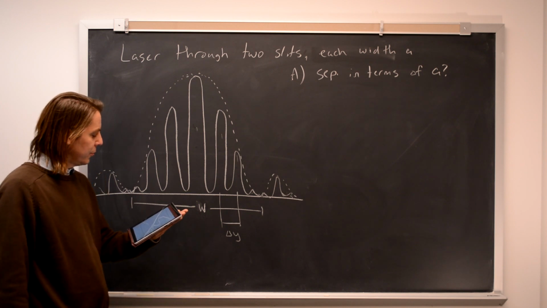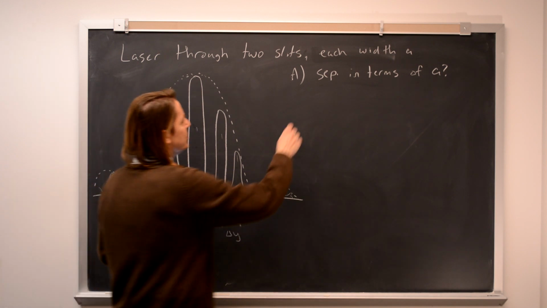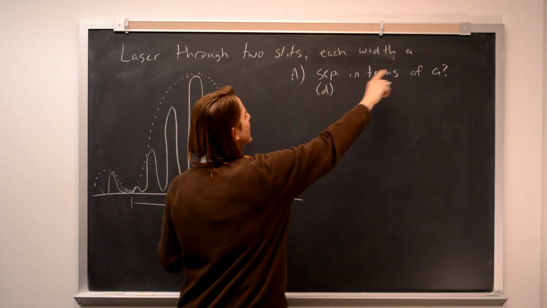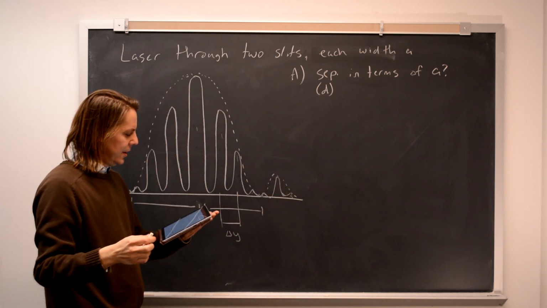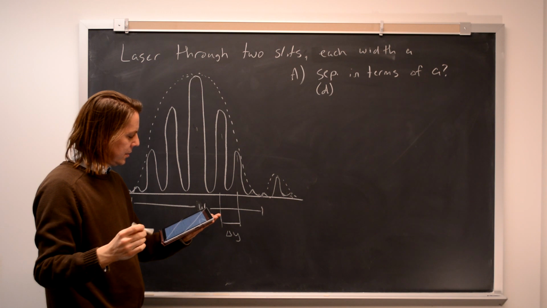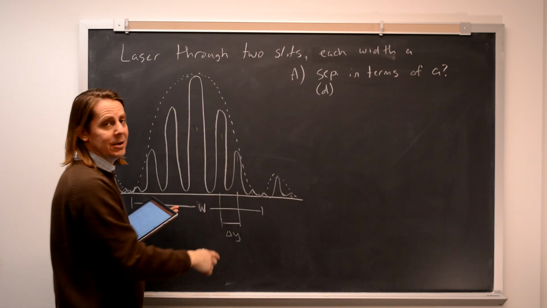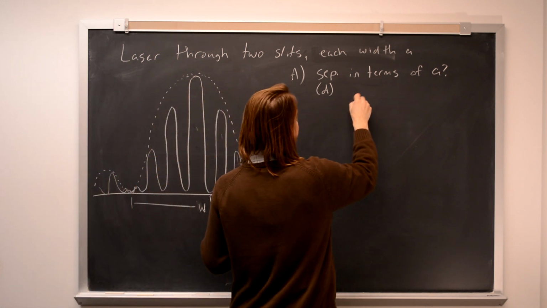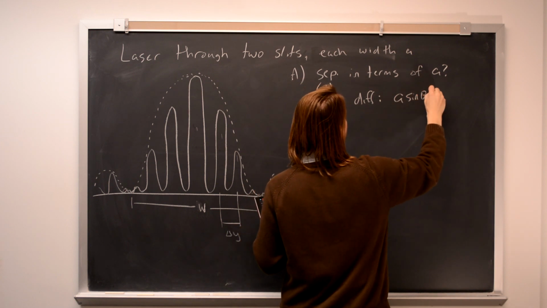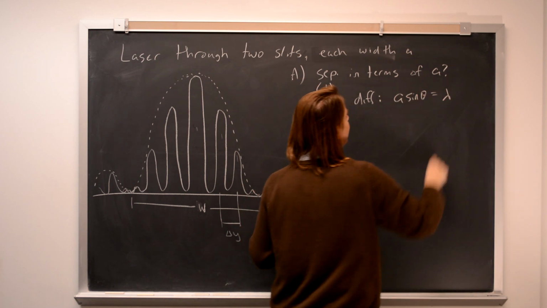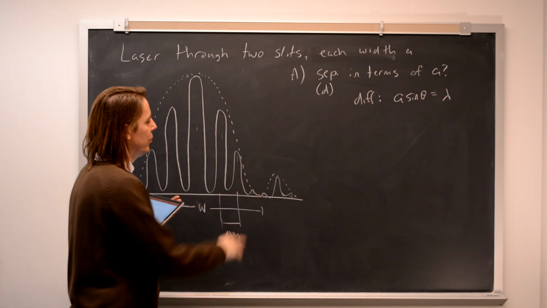All right, so let's move forward and see what we can get out of that. What is the separation, which we often call, in this case, since the slit width is A, I'll call the separation D. I know that gets flipped around sometimes. We can read this pattern and tell it happened on m equals 3. So for diffraction, A sine theta equals lambda, that's the m equals 1, where the 0 is.